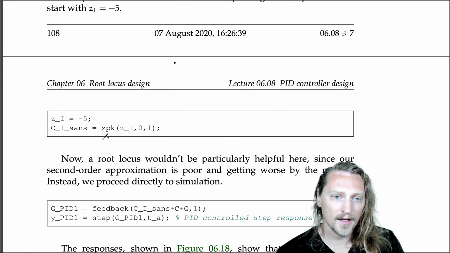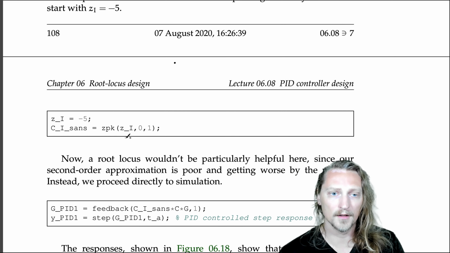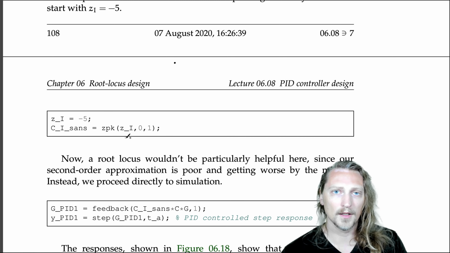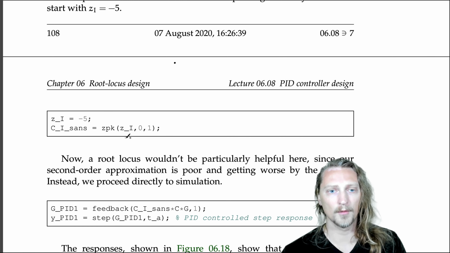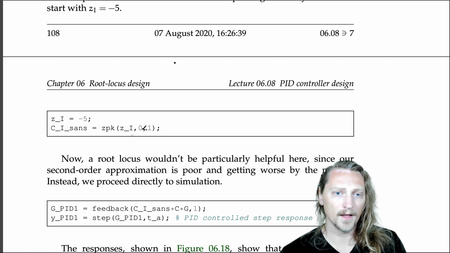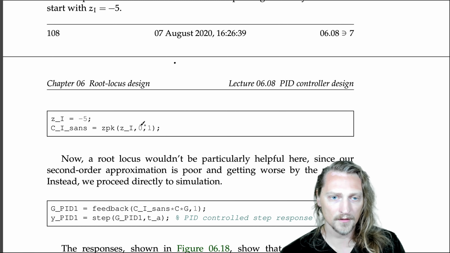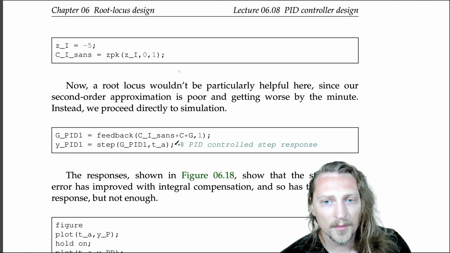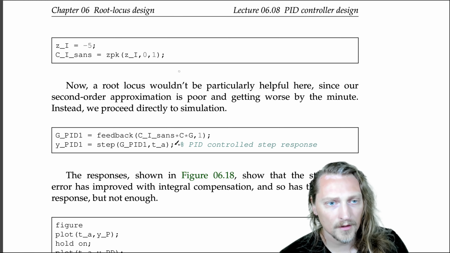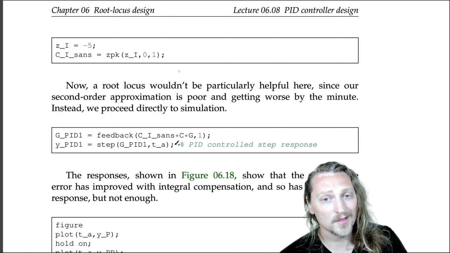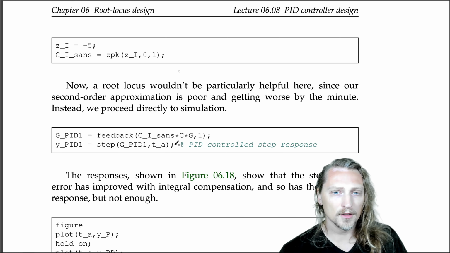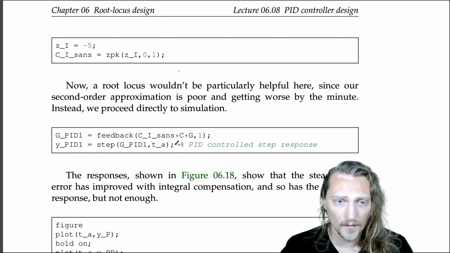So we specify it, and then we construct the transfer function without any gain associated with it. We'll just throw in the zero and then the pole at the origin, and then 1 for the gain. Now a root locus wouldn't be particularly helpful since the second order approximation is poor in this case and getting worse by the minute. Instead, we proceed directly to simulation.